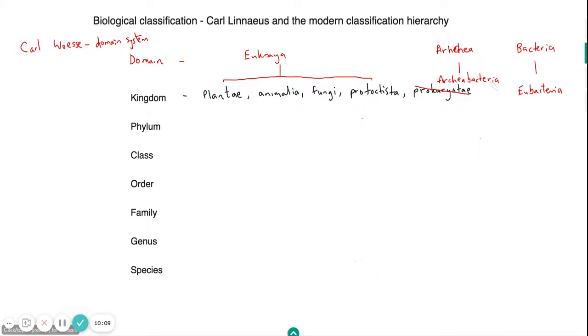Right, so this is the modern classification hierarchy. We've moved from 7 taxon to 8. The domain is given an even broader classification system of those which have a nucleus and those which don't, and also it's looking now at what's happening at an RNA level.